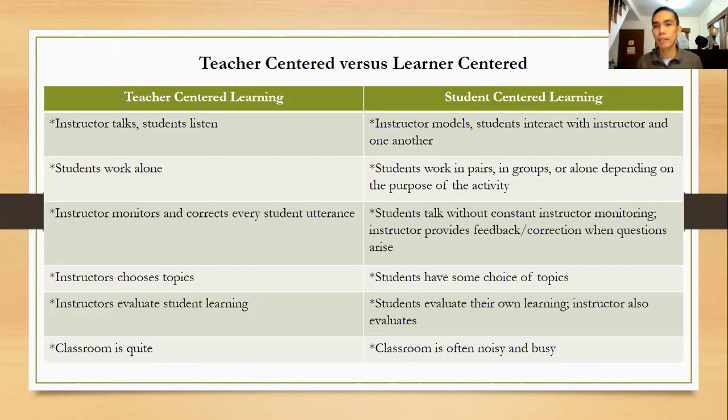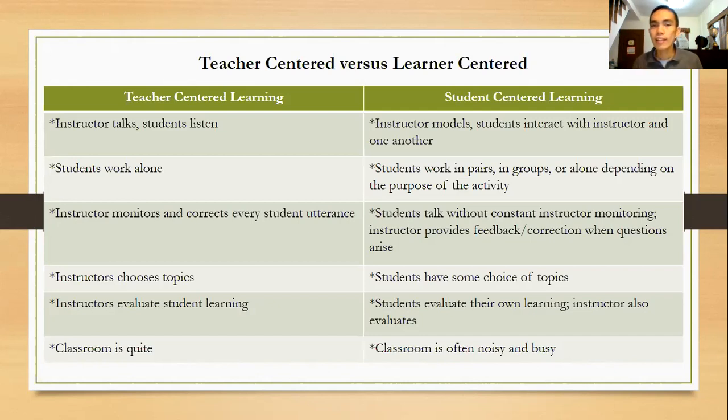In this case, the students work together with their classmates so that the learning will be passed on and shared. The next one is that the instructor monitors and corrects every student utterance. So every time the student commits a mistake, the teacher immediately corrects it.